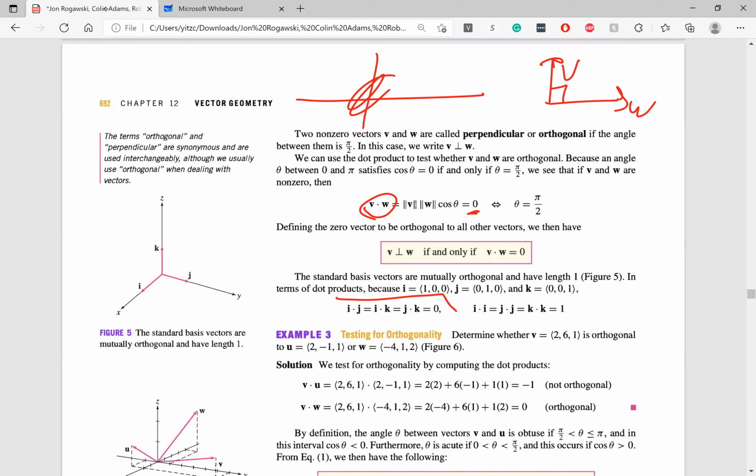So they try it with i, j, and k. So, testing for orthogonality, or testing if vectors are perpendicular. They want us to determine whether V is orthogonal to U or to W. So what is V? V is 2, 6, 1.